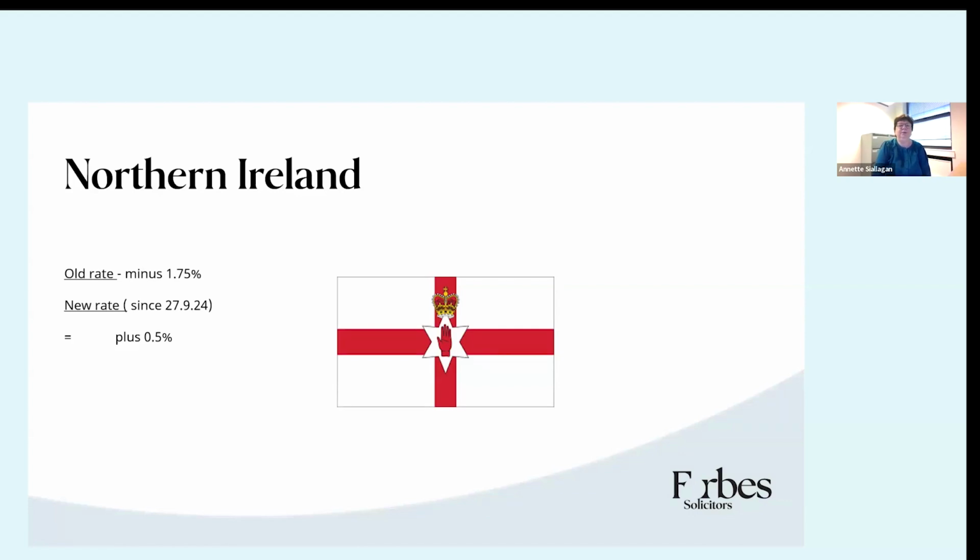Again, in Northern Ireland, that rate has recently changed to plus 0.5. I'm sure you'll have seen the news about that. So for any calculations involving Northern Ireland, you would apply that rate to get your multiplier.